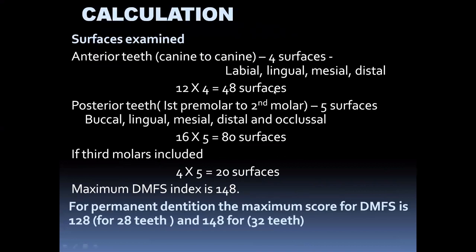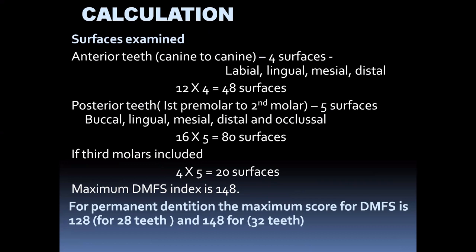So we have anterior teeth, canine to canine. We have 6 anterior teeth in the maxillary compartment and 6 anterior teeth in the mandibular compartment. If we talk about the surfaces, we have 48 surfaces.